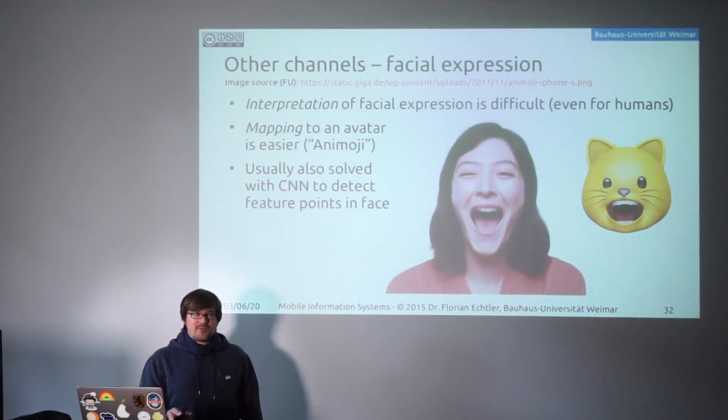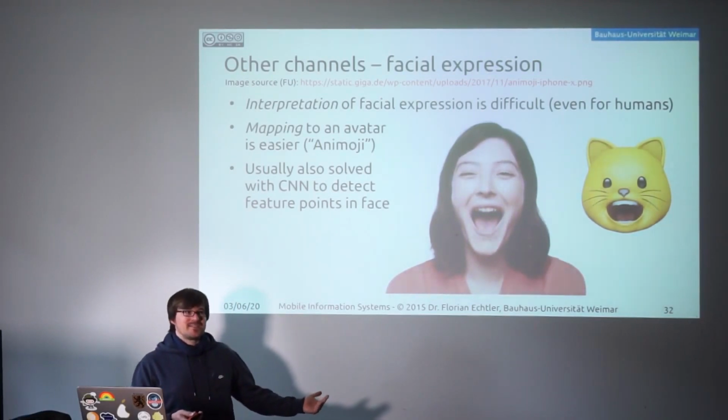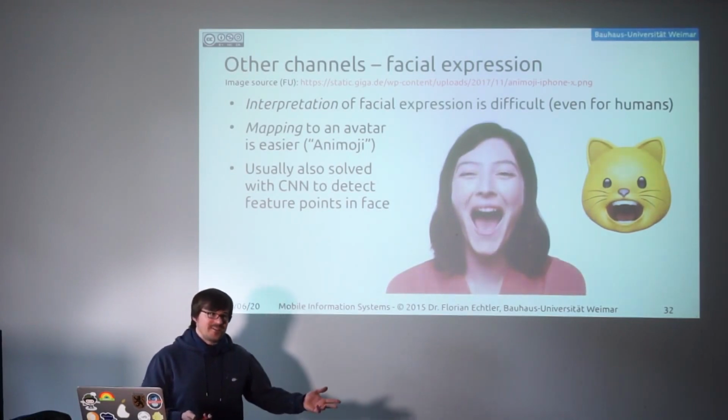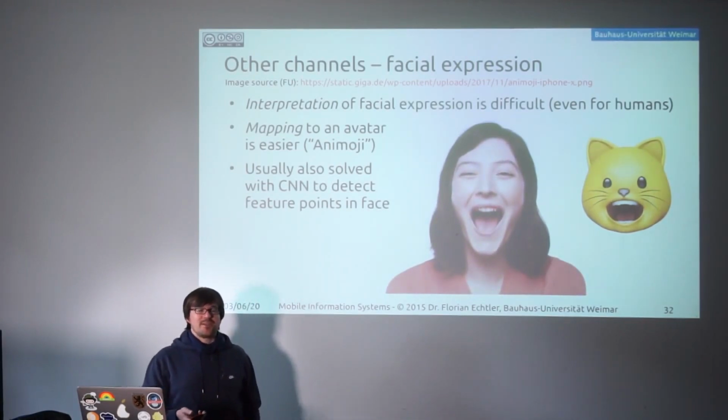What you don't do here, of course, is try to map this to an actual mood. That's basically what the user on the other side is doing when they see that animated avatar. They just make their own interpretation of what that facial expression means. So we're kind of sidestepping the whole mood interpretation issue here.